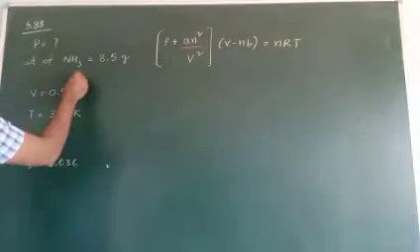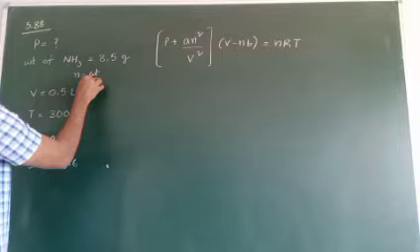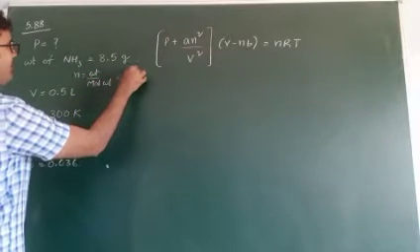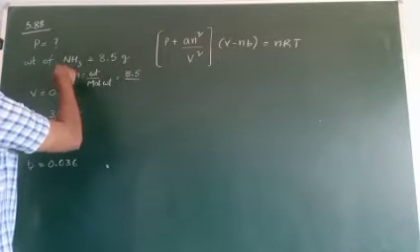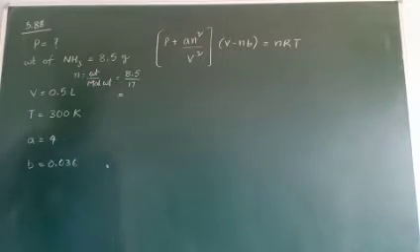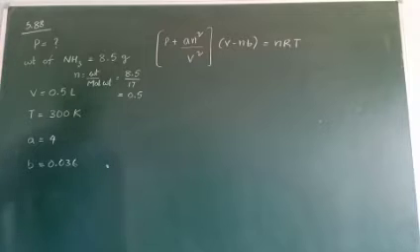We calculate n value: n is equal to weight by molecular weight. Weight is 8.5. NH3 molecular weight is 14 plus 3, which is 17. 17 into 5 is 85, so 0.5 moles.